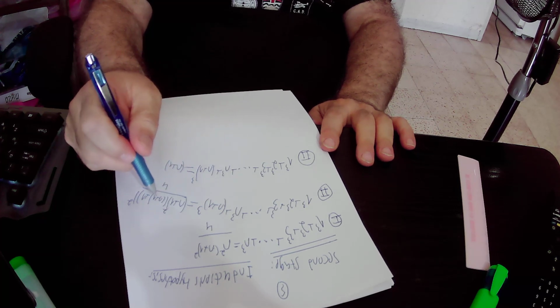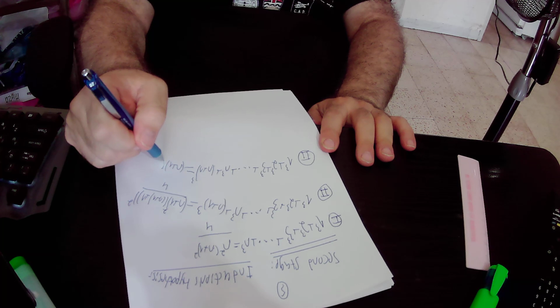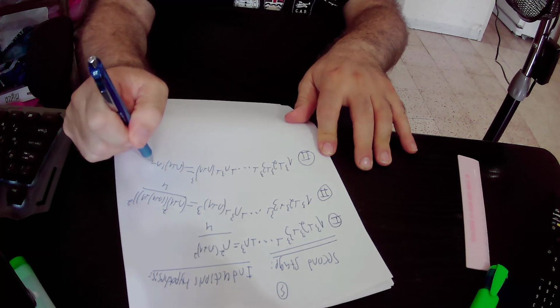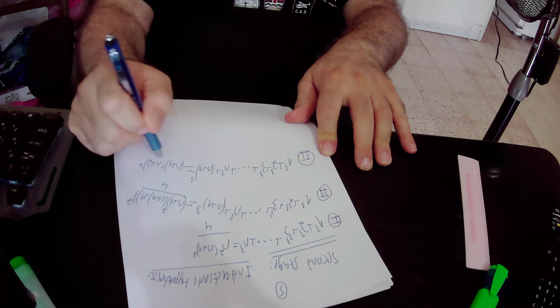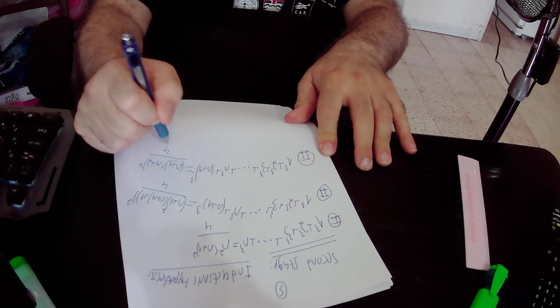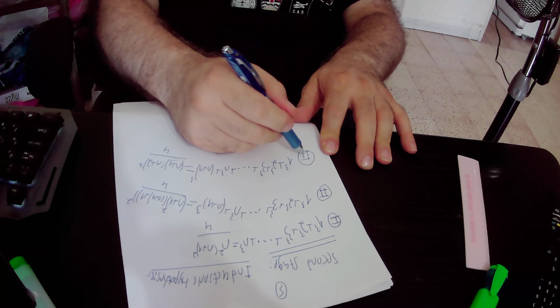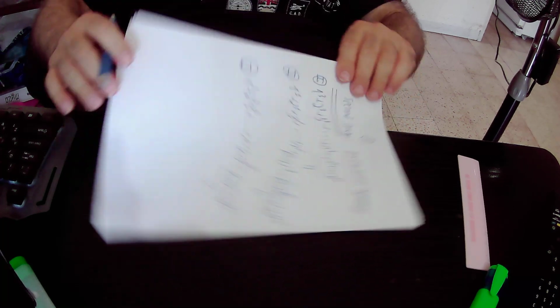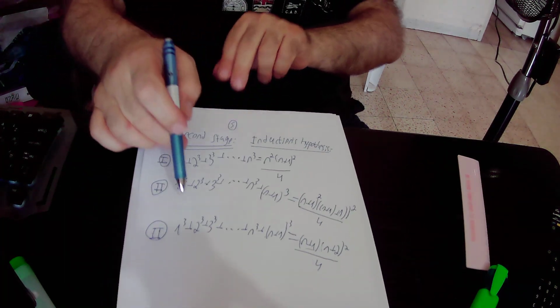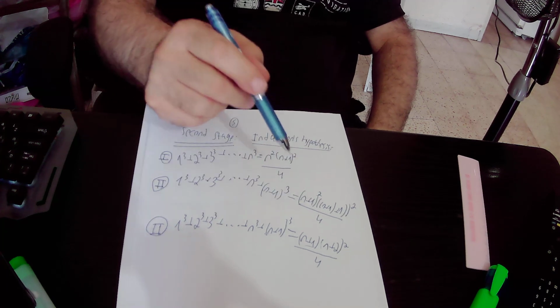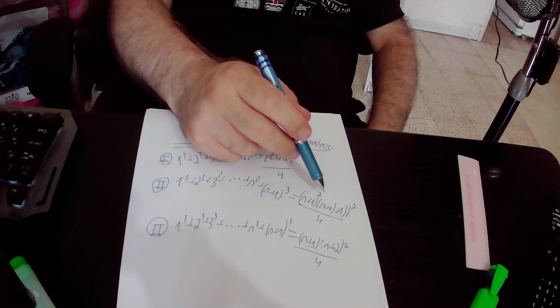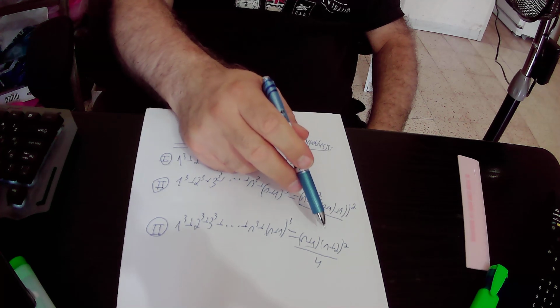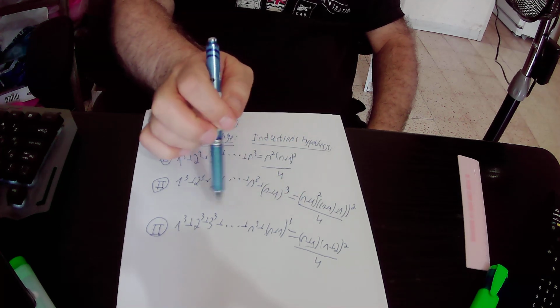I already told you n plus 1 plus 1 is n plus 2, so we write it down. So it is n plus 2 squared all divided by 4. Here the only change that we made is that n plus 1 plus 1 is n plus 2. All the other things are exactly the same.